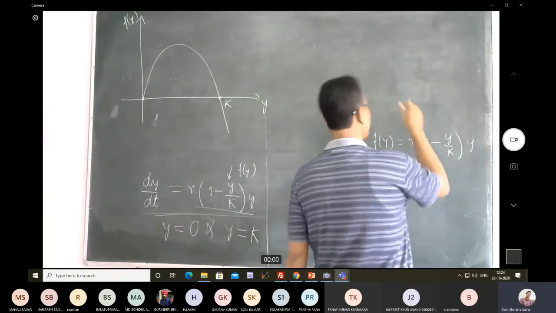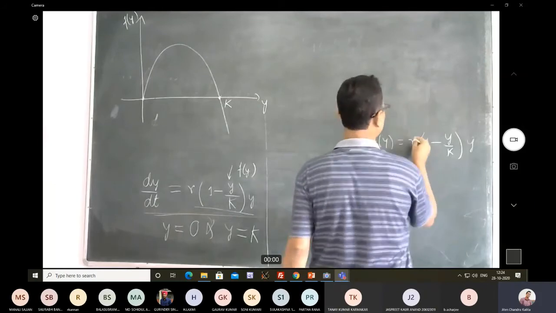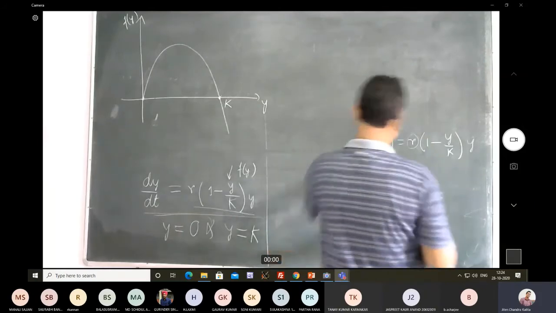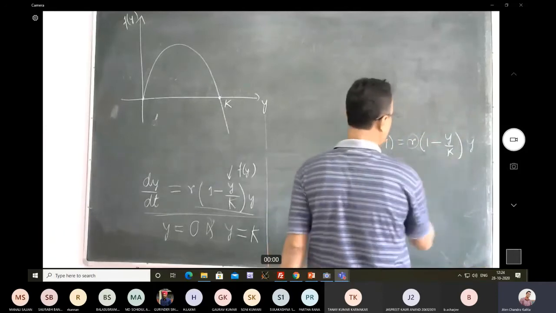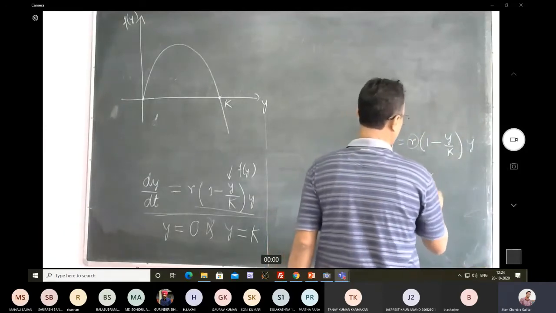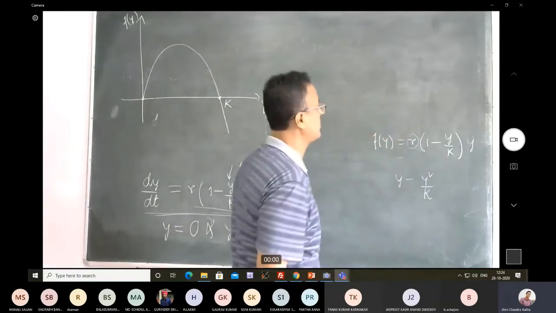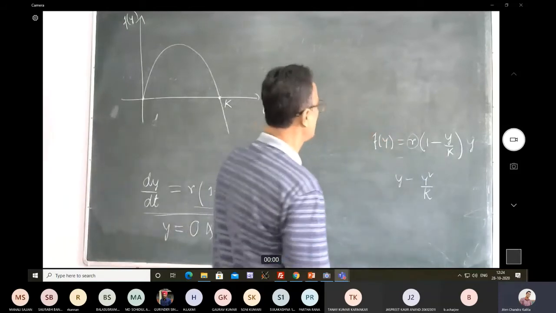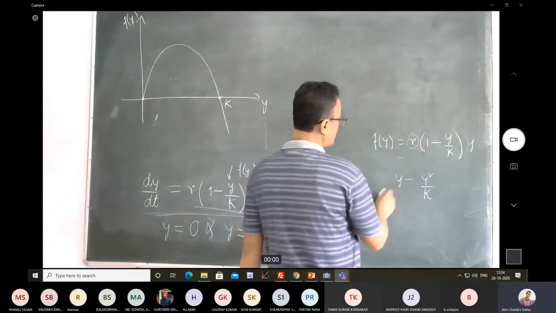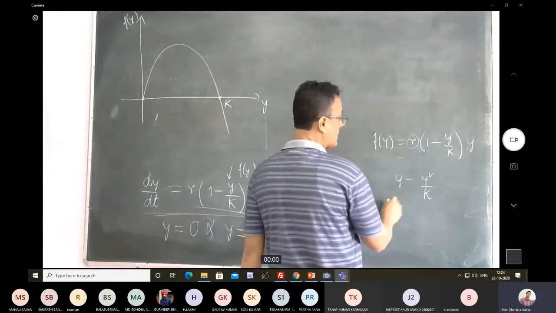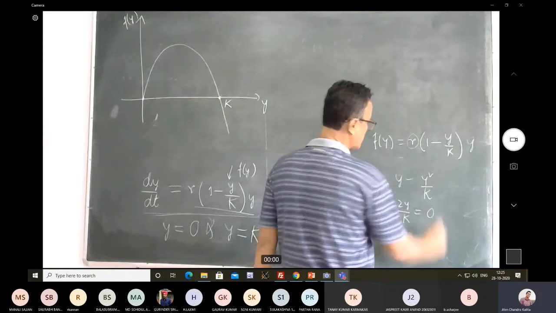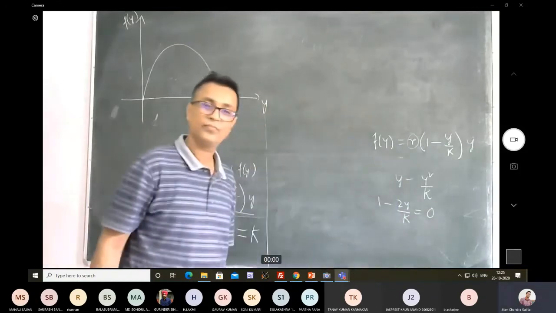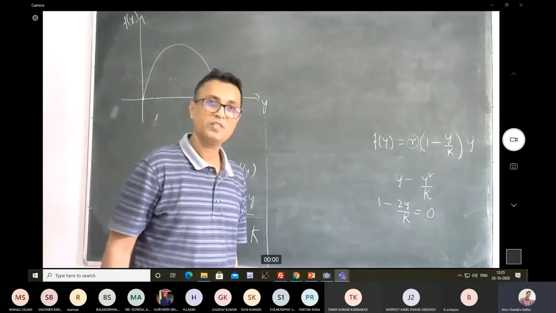Suppose r equals 1, because I can always multiply whatever I get with r later on. Say simply consider y squared by k. Then obviously the maximum is going to occur when this derivative is equal to 0, right? Is it okay?